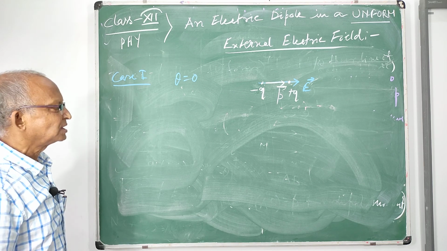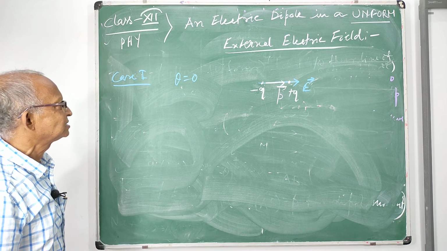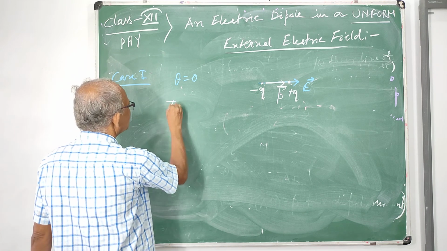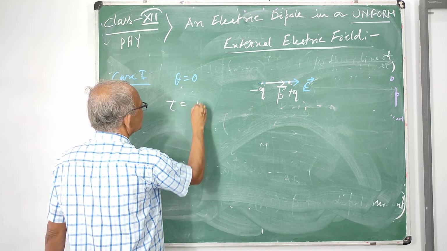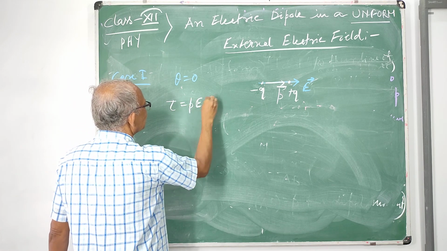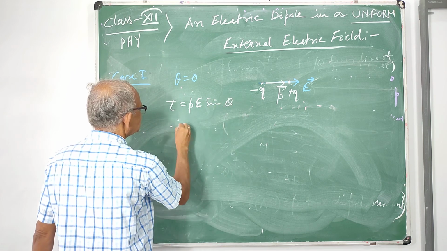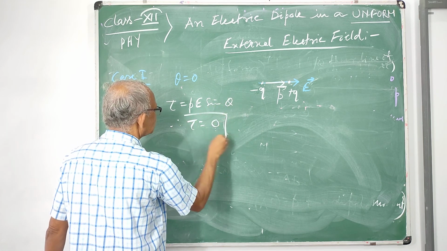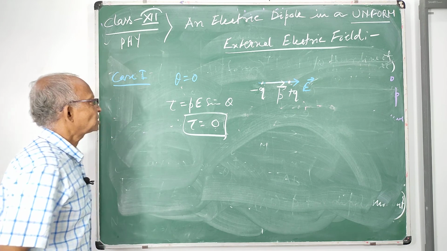As theta equals 0, what will be the torque? Torque equals PE sin theta, therefore 0. Torque equals 0.